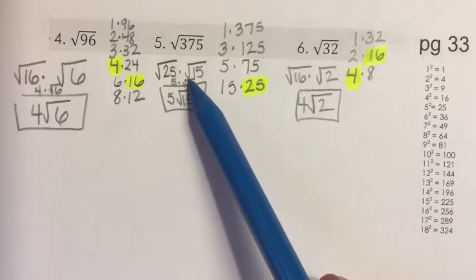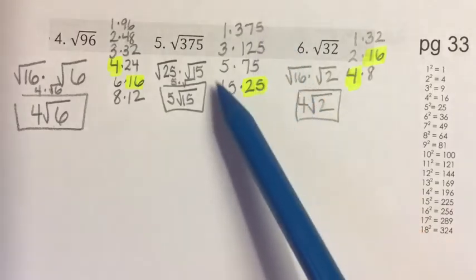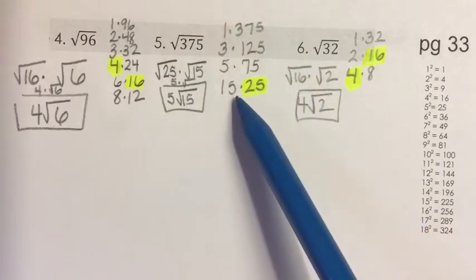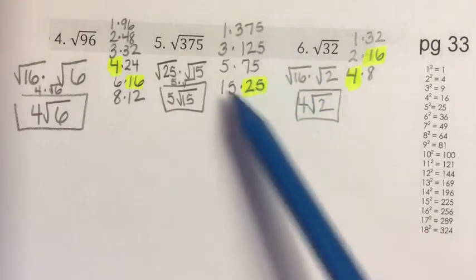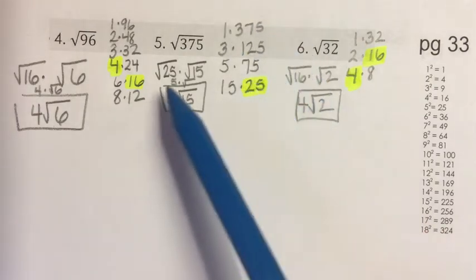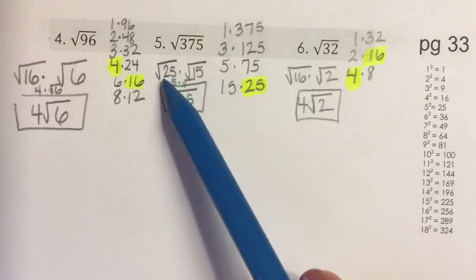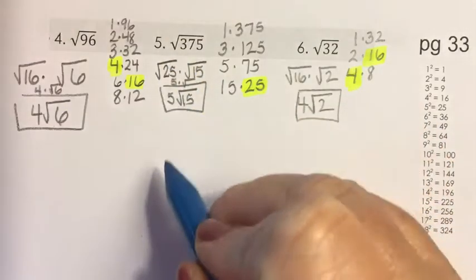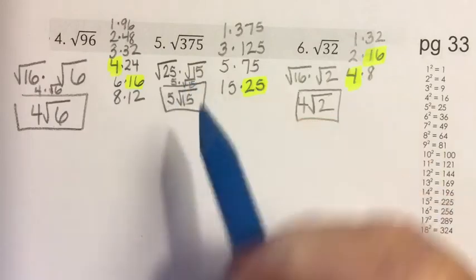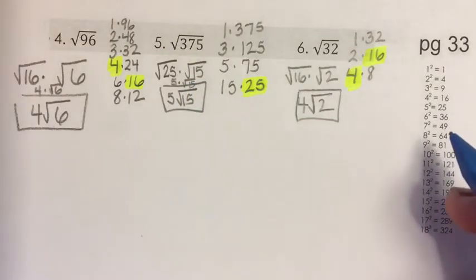Same thing for number 5. I wrote my list of factors. 25 was the only perfect square in that list. So the square root of 375 is the square root of 25 times the square root of 15. This would be 5 times the square root of 15, which is 5 square roots of 15.